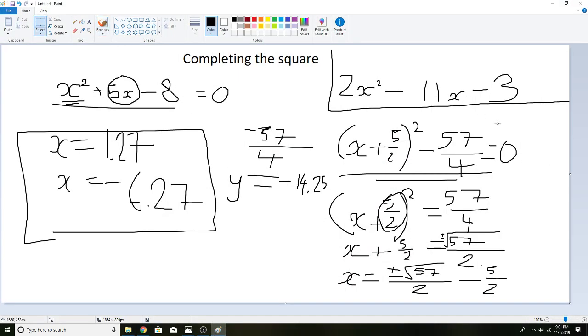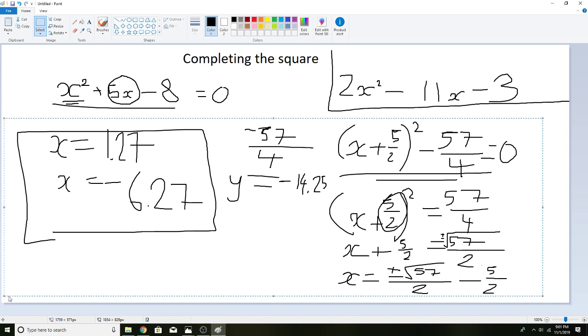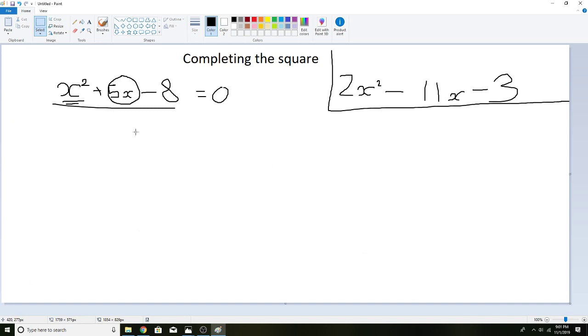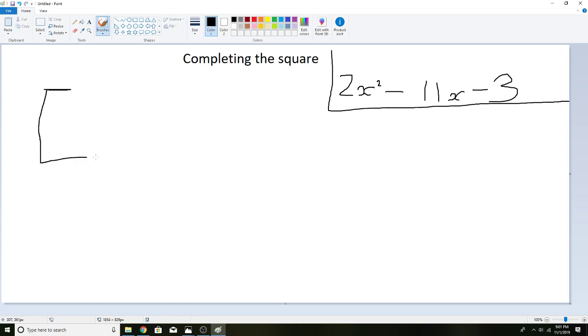If I just get rid of this, then, no, we'll just do this here. So interestingly enough, first of all, we want to get just x squared by itself, but we'll take the 2 out. We'll use this to represent it like this.